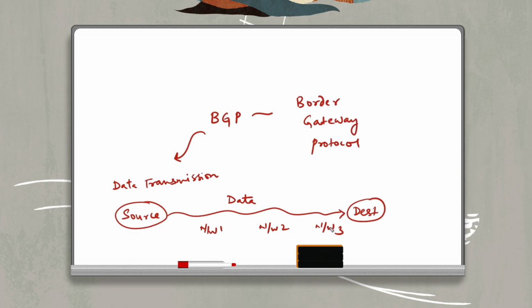Now, when the data travels through multiple networks, it's the Border Gateway Protocol which is going to select the best network routes. So what this BGP is going to do is it will look at all the available paths and then select the best route. There is also a concept of autonomous system.